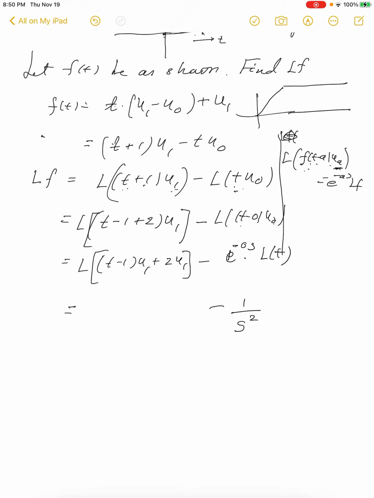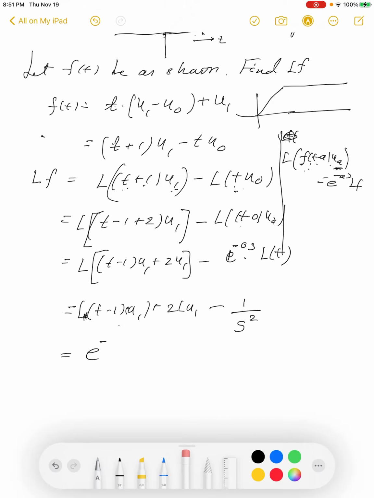Good. Here you split this in two terms, L of t minus 1 u1 plus 2L of u1. 2 is a scalar which comes out, and by the formula this is going to be e to the minus at, a is 1, so this is e to the minus s times the Laplace transform of t.